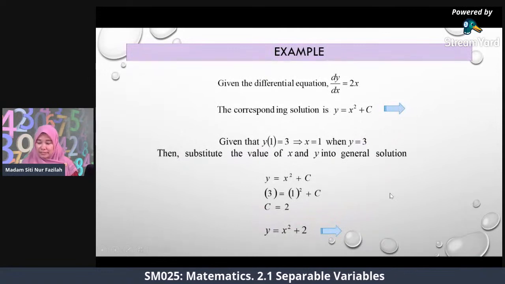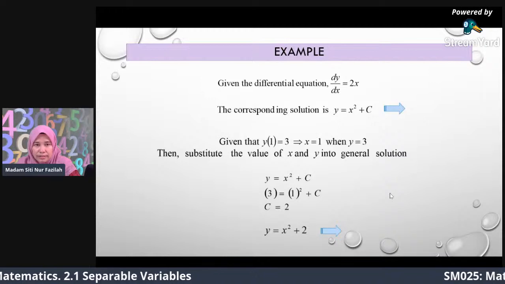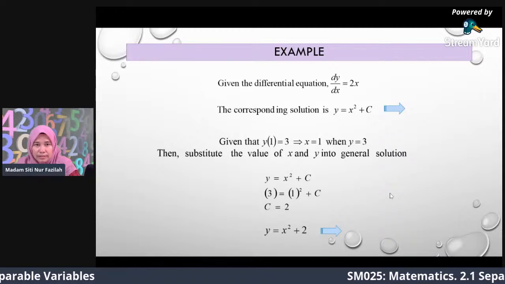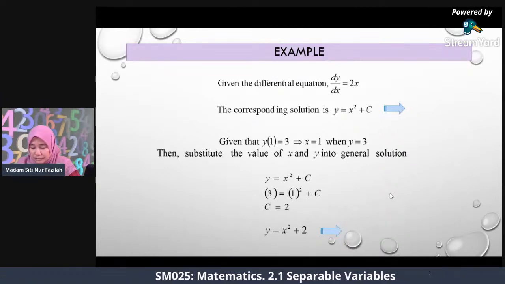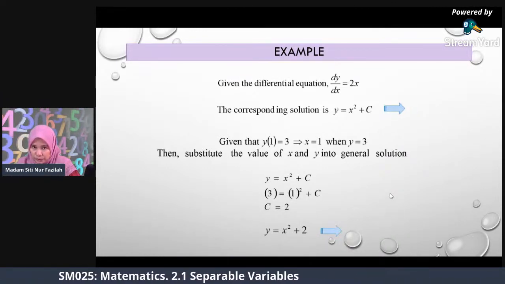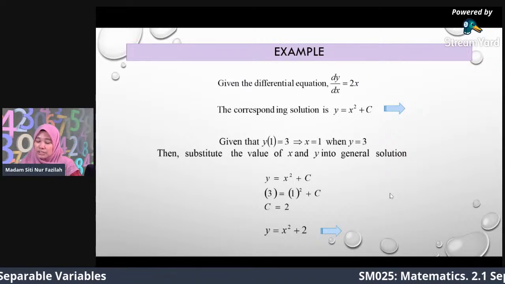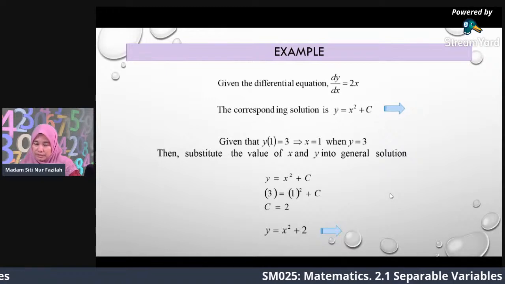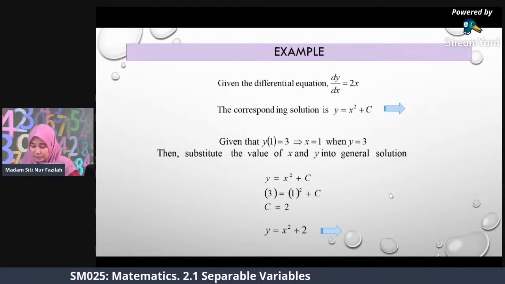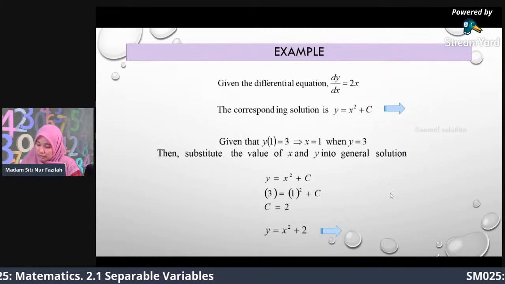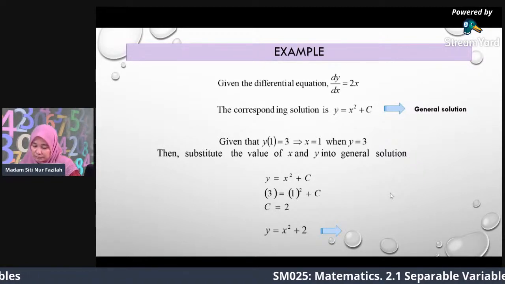To understand particular and general solutions better, let me give a sample. We have a differential equation dy/dx = 2x. We know the corresponding solution is y = x² + c, by using any method. That's why we assume this as the general solution.